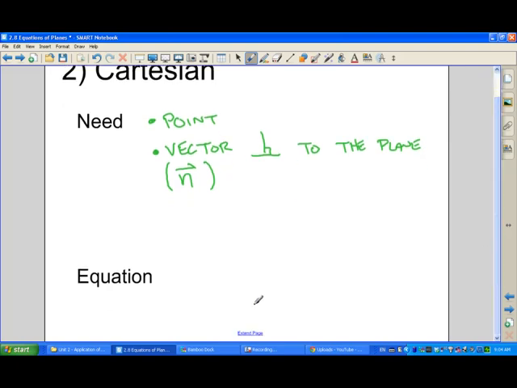The Cartesian equation of a plane is of the form ax plus by plus cz plus d equals 0. It's similar to the Cartesian equation of a line.